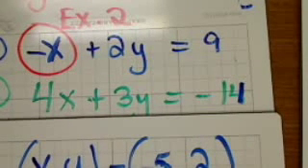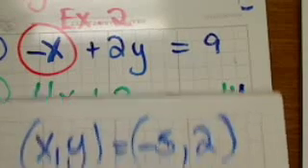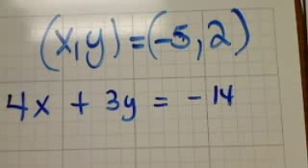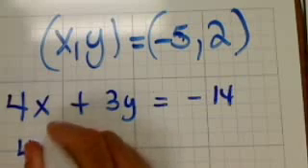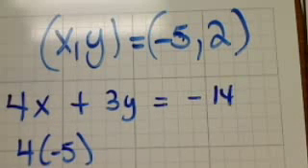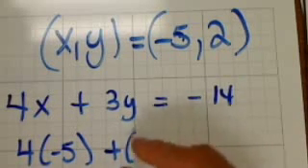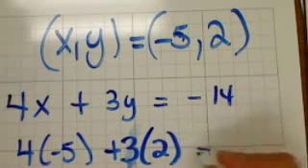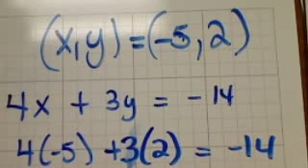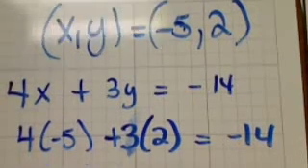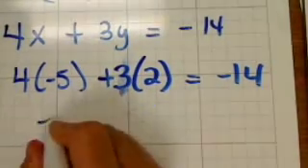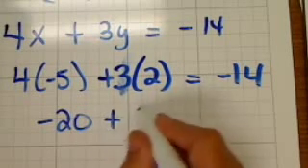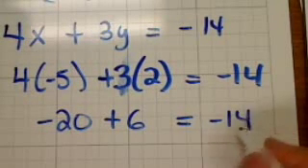So if I do that, my equation 2 is 4x plus 3y equals minus 14 here. And if I put negative 5 for x, and 2 for y, multiplied by 3, as my equation says, I'll get negative 20 plus 6, and that is indeed equal to negative 14.